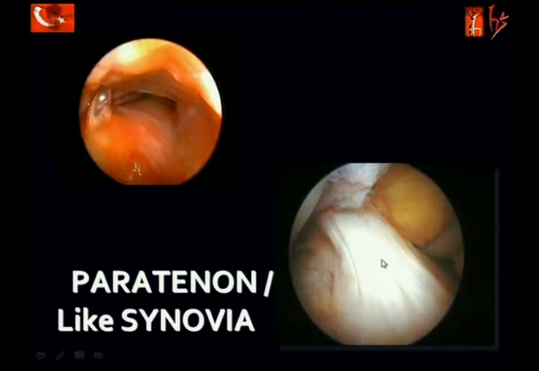And in the ACL, there is a very thin cover, not synovial like that. But look at the synovia, and this is the same synovia. This is the fibroblast in the histological view, fibroblast-like synoviocytes.